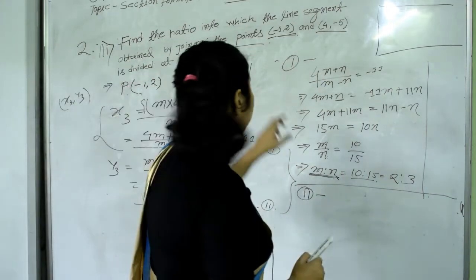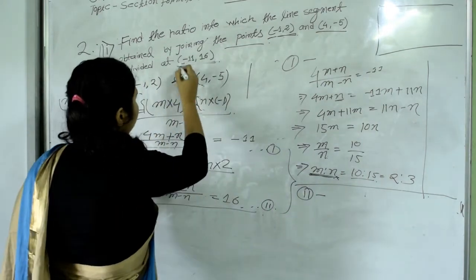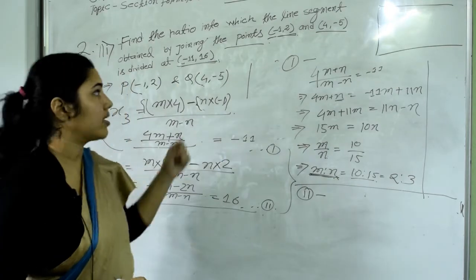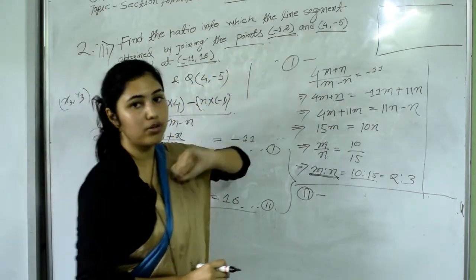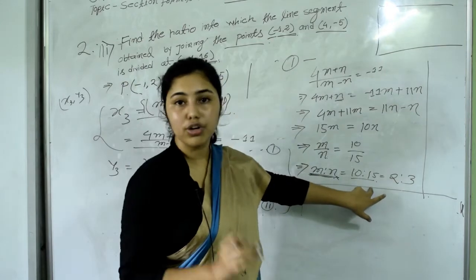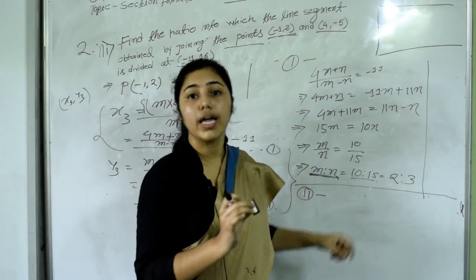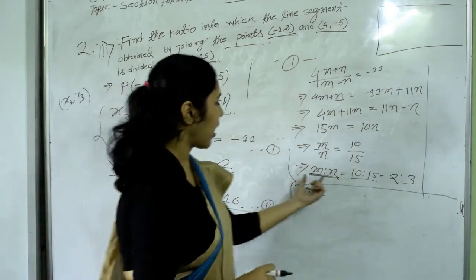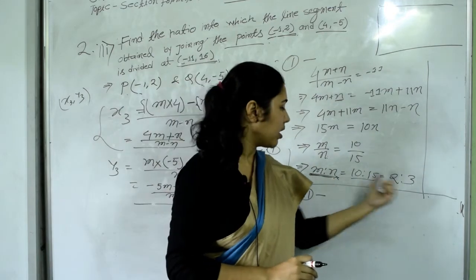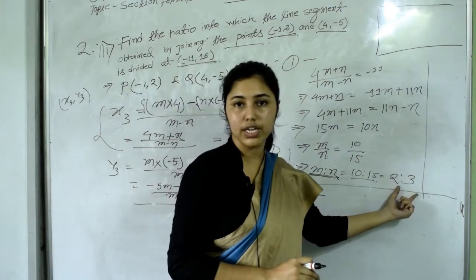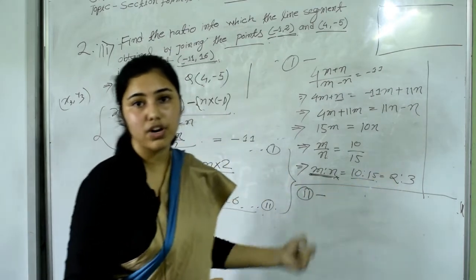Which means this point R divides this line segment PQ at a ratio 2 is to 3 but externally.